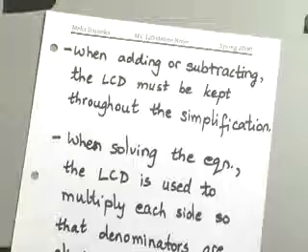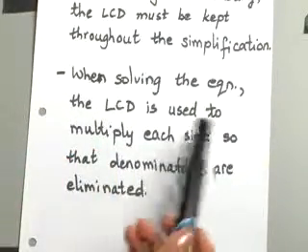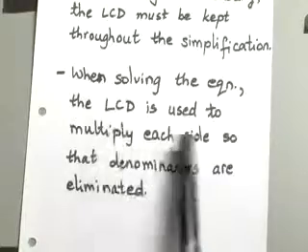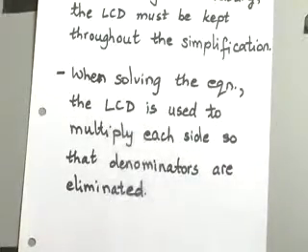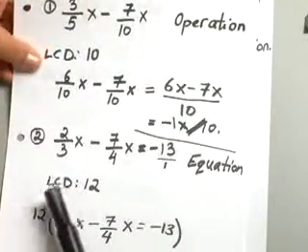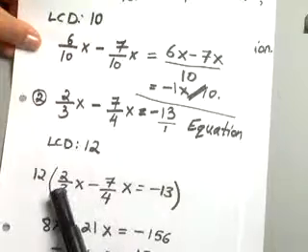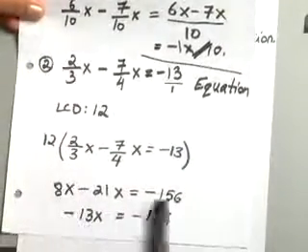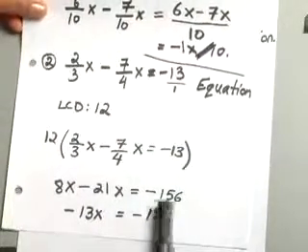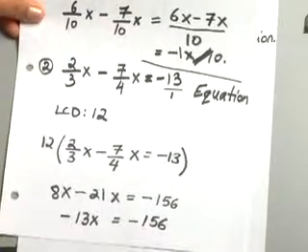Okay? For equations, when you're solving an equation, the LCD is used to multiply each side so that the denominators are eliminated, and that's what we did here. When we multiplied the original equation by the LCD, we got rid of the fractions, or basically we got rid of the denominators, and everything was just in terms of integers.